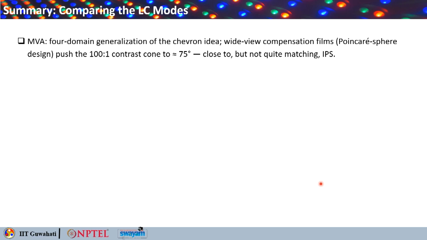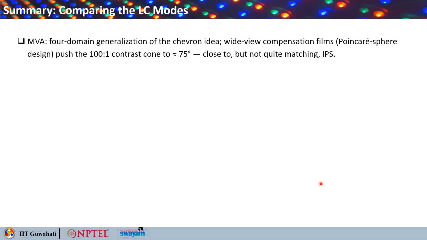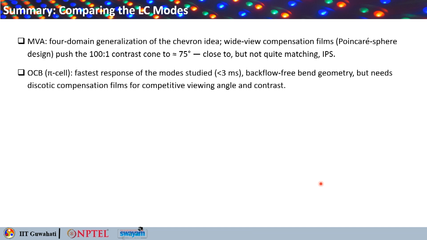So to summarize, we'll compare this with the other LC modes. MVA, the 4-domain generalization of the chevron idea. We have seen they have wide view compensation films based on the Poincaré design that can push the contrast ratio of 100:1 to 75 degree, that is close to, but still not quite matching, the IPS in-plane switching kind of performance.